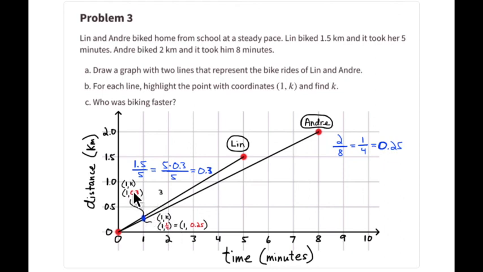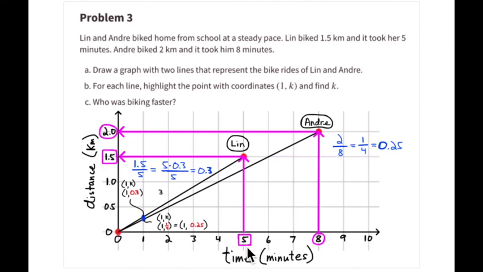And that constant of proportionality tells you how far she travels in 1 minute. And then for however many minutes she travels, you just multiply that by 3/10. That will give you her distance traveled. So if she travels 5 minutes, her distance traveled is 1.5 kilometers, because 5 times that 3/10 kilometers per minute equals 1.5 kilometers.